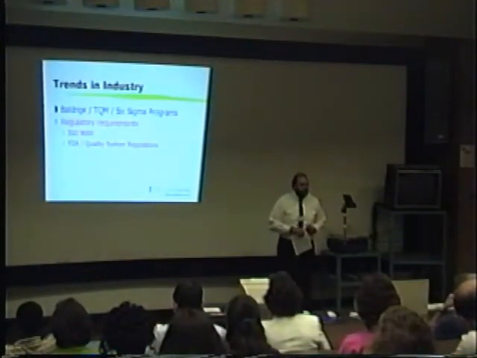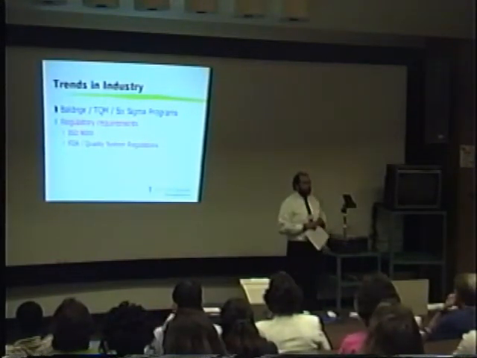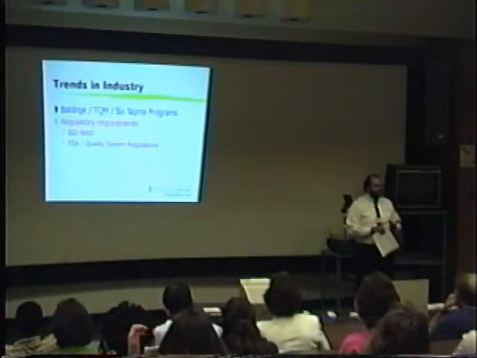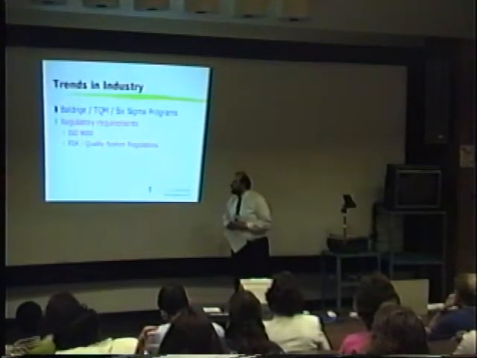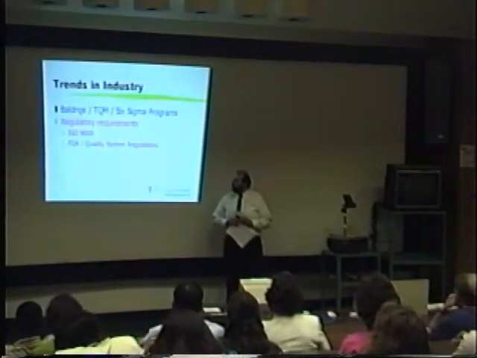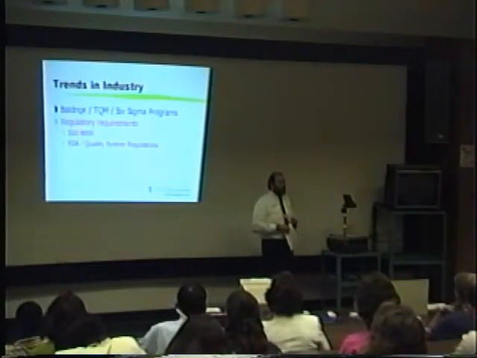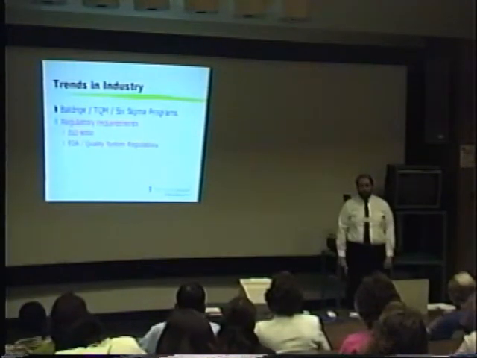Regulatory requirements. ISO 9000 is a worldwide standard for what a quality system is, or what the things are that a company should have in place in designing or manufacturing a product. And there's a formal registration process. The FDA has quality system regulations. Both of these are now pretty well aligned, but one of the sections in these regulations includes the use of statistical techniques and statistical methods.